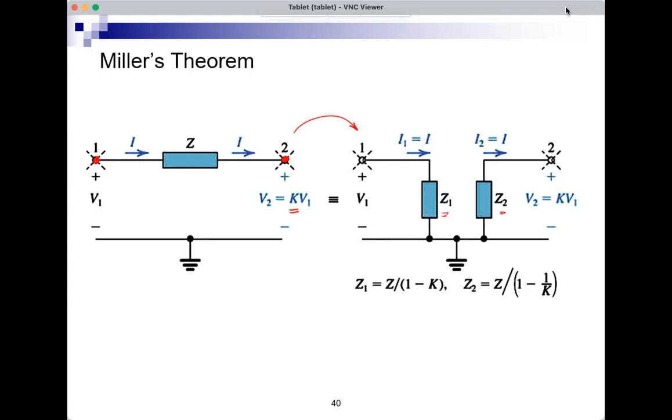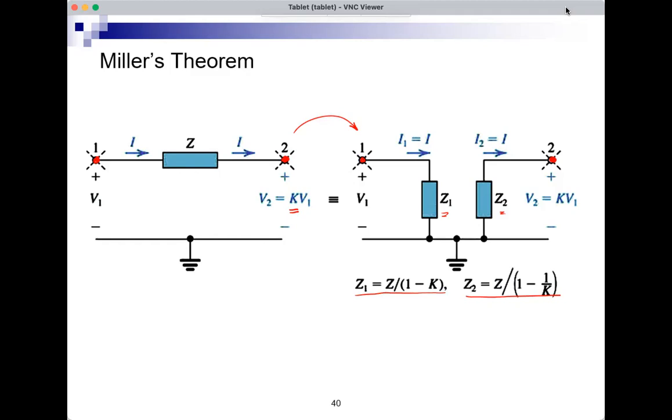Z1 is from node 1 to ground. Z2 is from node 2 to ground. And the conditions in the circuit would remain exactly the same if Z1 is Z over 1 minus K, and Z2 is Z over 1 minus 1 over K. It's quite easy to show that the currents and the voltages would remain the same if Z1 and Z2 are given by these equations. So that's nice.